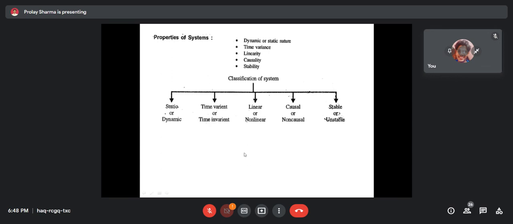Now again, properties of the systems. The classification of systems: systems are classified into these categories: static, dynamic, time variant, time invariant, linear, non-linear, causal, non-causal, stable or unstable.